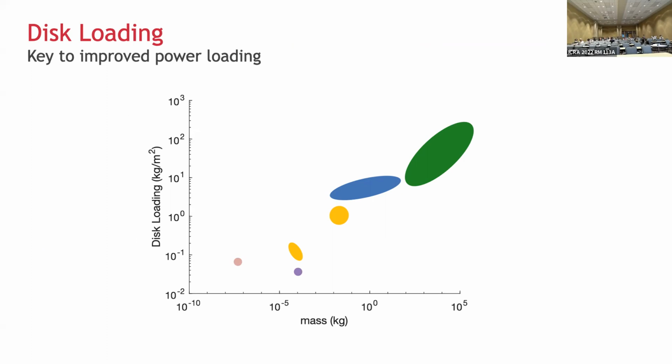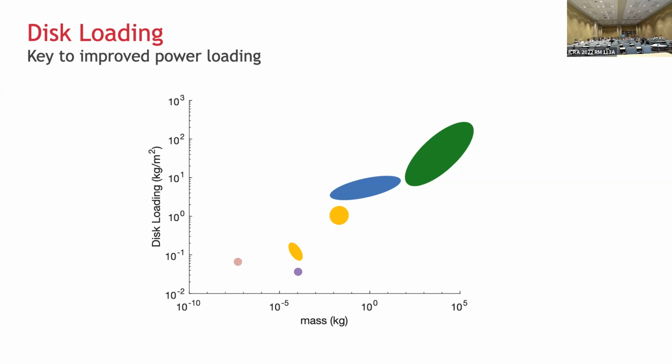Disk loading is weight of the robot over area, so weight scales with length cubed, and area is length squared. So overall it scales with the length. Larger robots have larger disk loading, though it doesn't mean they're more efficient.